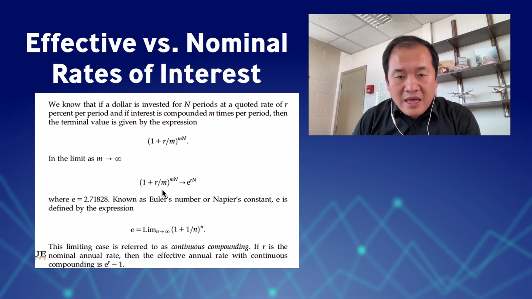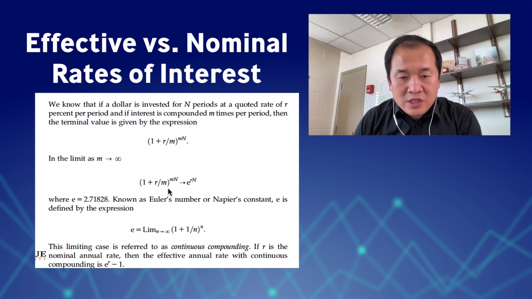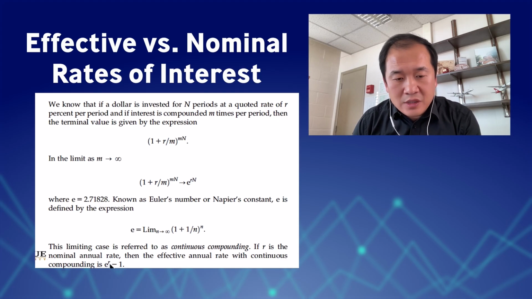Some of you probably have the knowledge of mathematics and remember the definition of e, which is Euler's number. This is how we calculate e. If you remember that and you replace part of this equation with e, what you receive is that the effective annual return with continuous compounding is e to the power of R minus 1, where R here is the nominal rate of return.